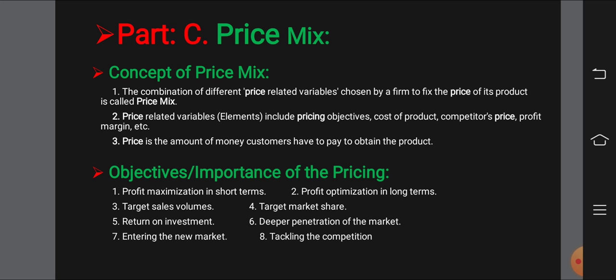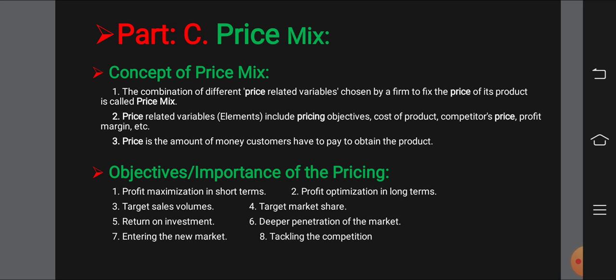Depending on these elements, the firm will decide which parameters it is going to utilize to determine the price of a particular product. That is termed the price mix concept, and it will be different for different products and different organizations.